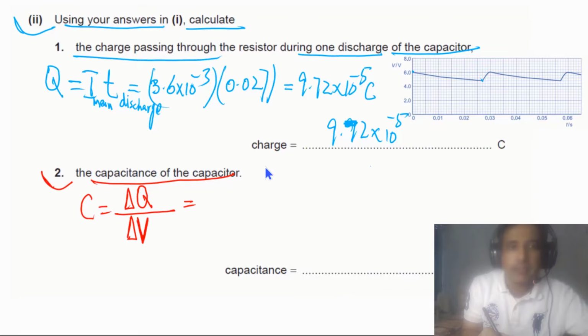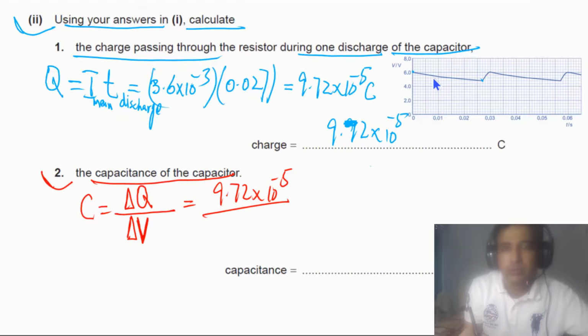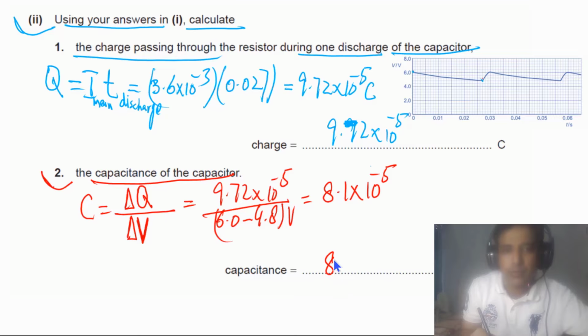Delta Q we have just calculated, 9.72 times 10 to the minus 5, and the change in potential across this capacitor is 6.0 minus 4.8 volts. If we solve this, our final answer will be 8.1 times 10 to the minus 5 farads.